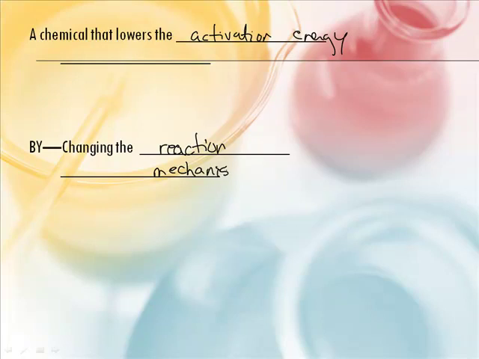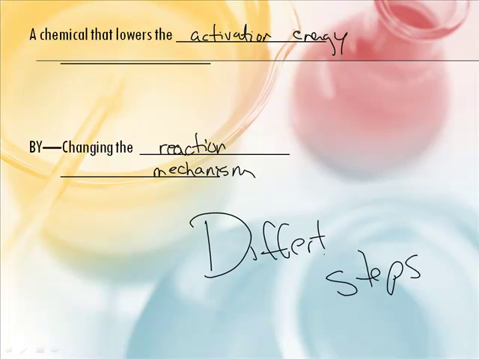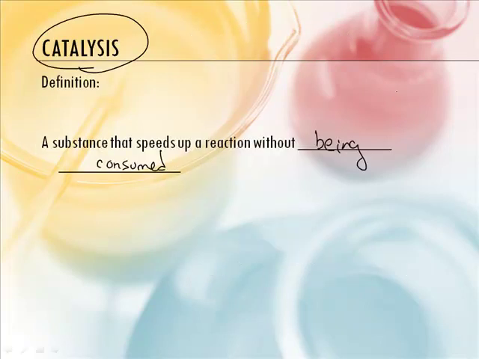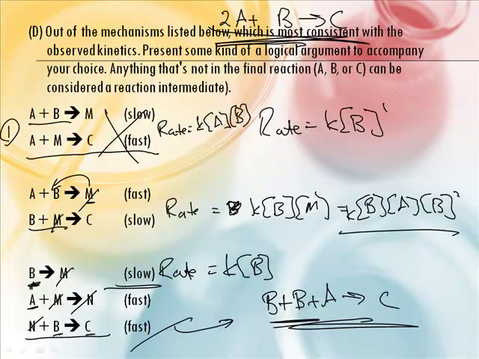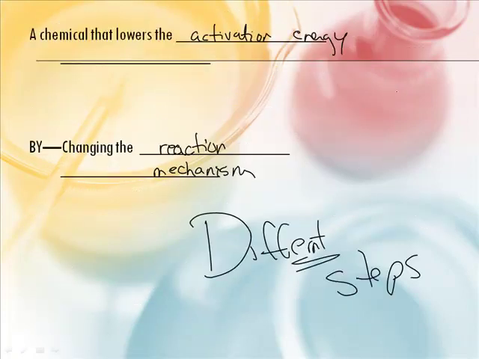They have different steps, like in this problem we just did. By changing the steps, you have different amounts of energy, and it makes the reaction faster.